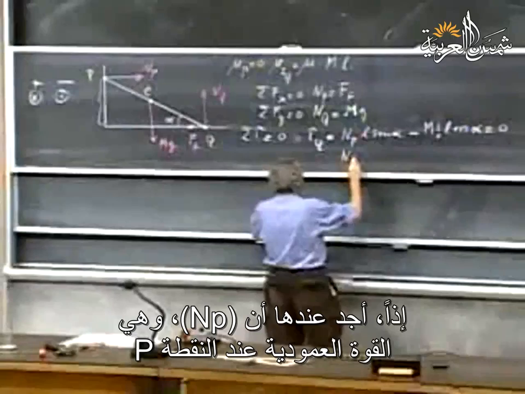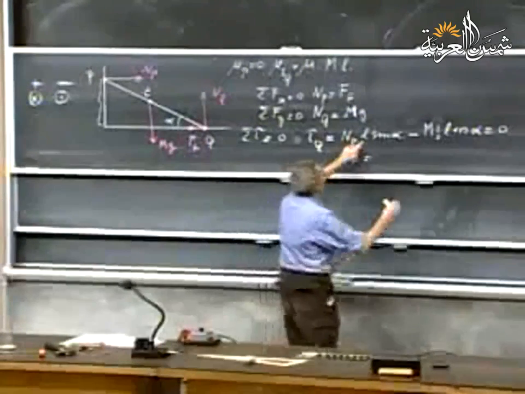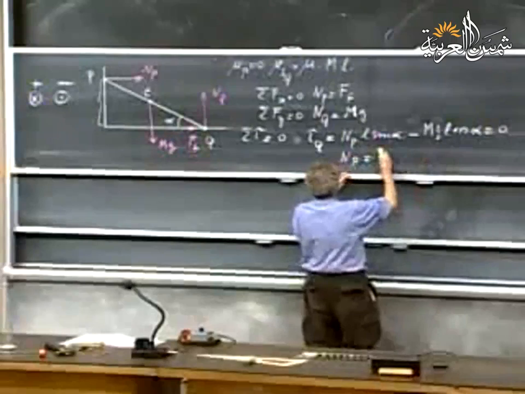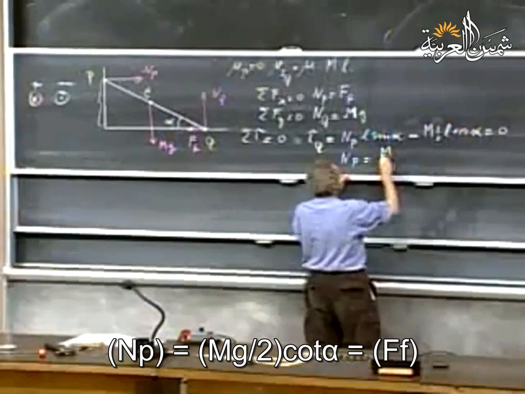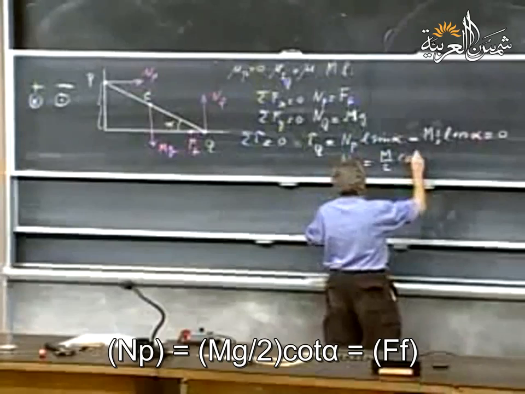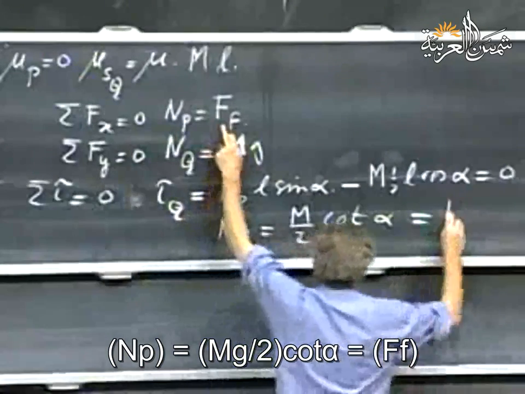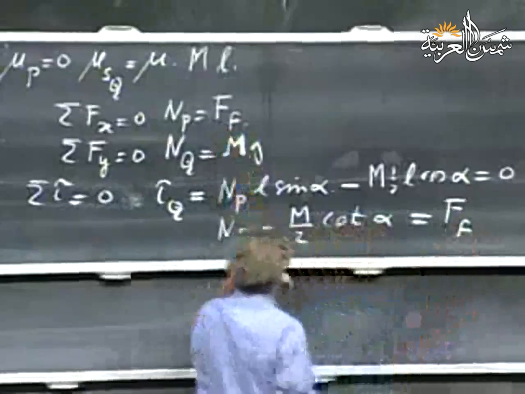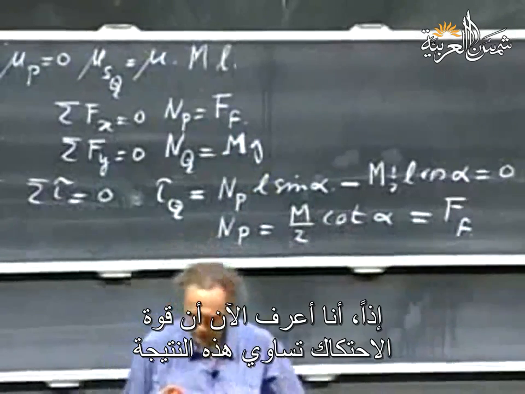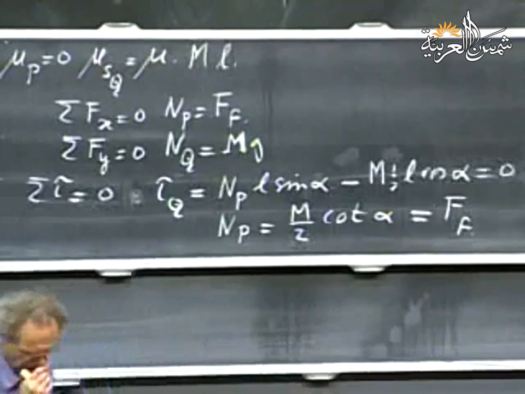So I find then that N of P, that is the normal force at point P, I lose my L, equals N divided by 2 times the cotangent of alpha, and that must be the frictional force.